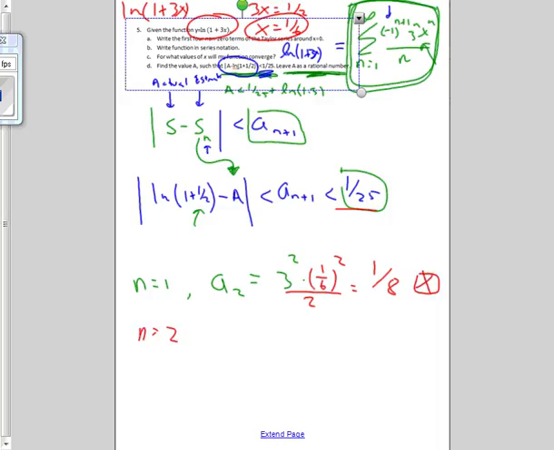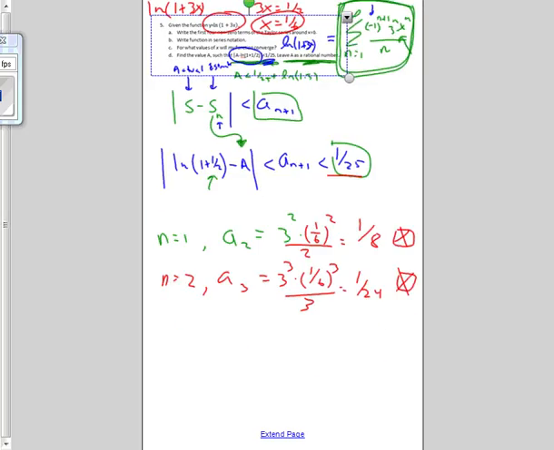So when n equals 2, we're looking at our third term, which is 3 cubed times 1/6 cubed over 3, which is 1/24, not less than 1/25. So we need to keep going. N equals 3. So we look at our fourth term, 3 to the 4th, 1/6 to the 4th, over 4. And this equals 1/64.